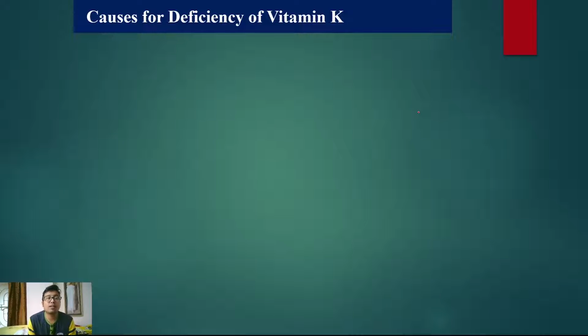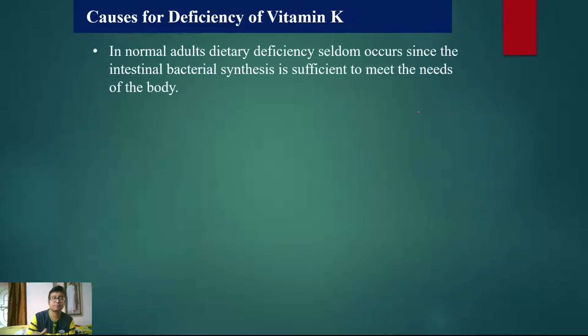So what are the causes of deficiency of vitamin K? In normal adults, the deficiency seldom occurs because it is produced by the intestinal bacteria and it is sufficient for normal adults. However, as with vitamin E, who may be deficient?